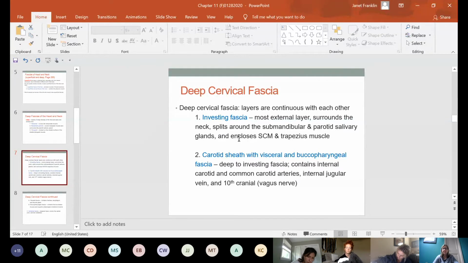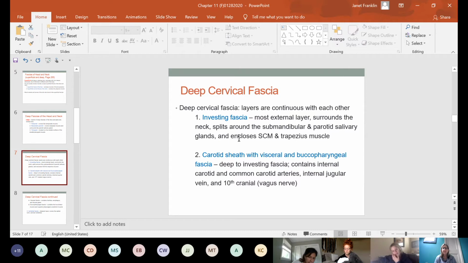And then you have your carotid sheath with visceral and buccopharyngeal fascia. It's deep to the investing fascia, which is more superficial.